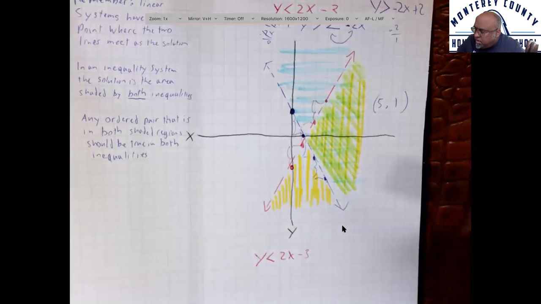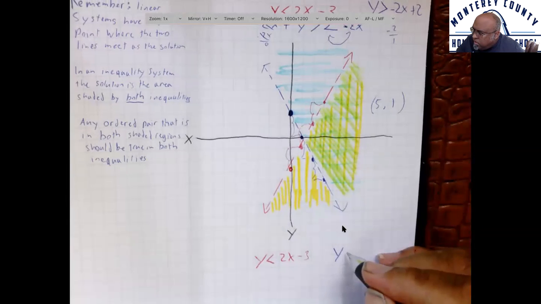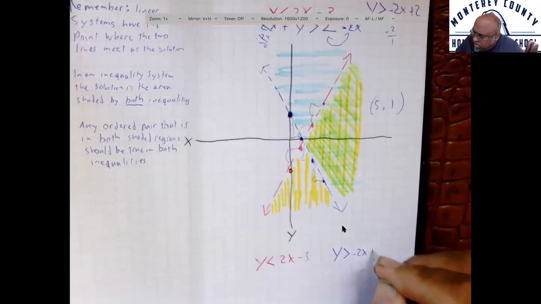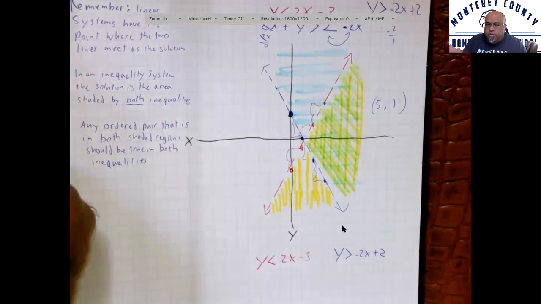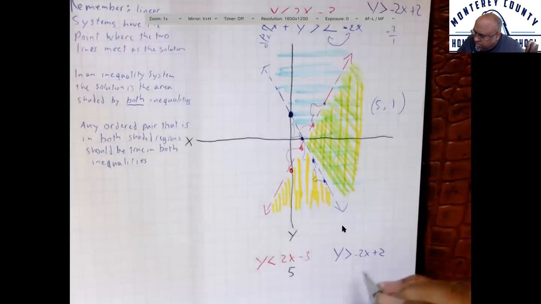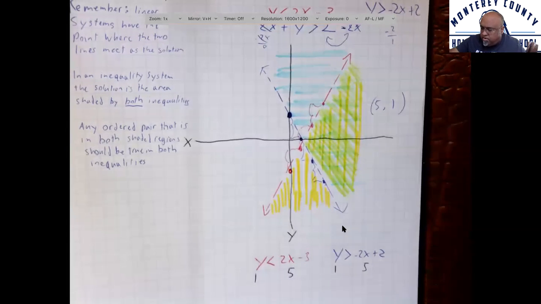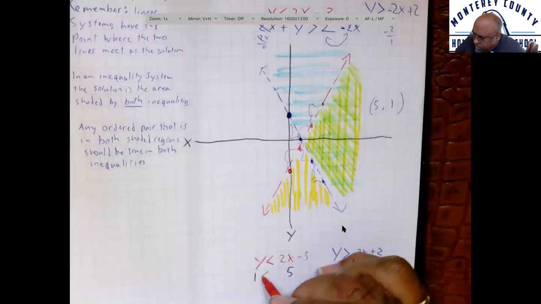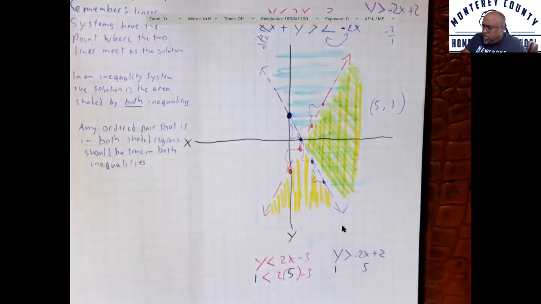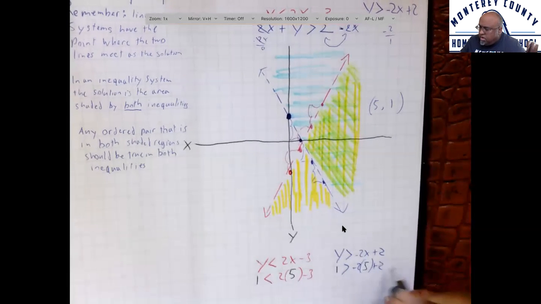Hopefully you knew what I was talking about. Okay, so I'm going to substitute the point 5, 1 into both inequalities. Give me just a minute to get that figured out.